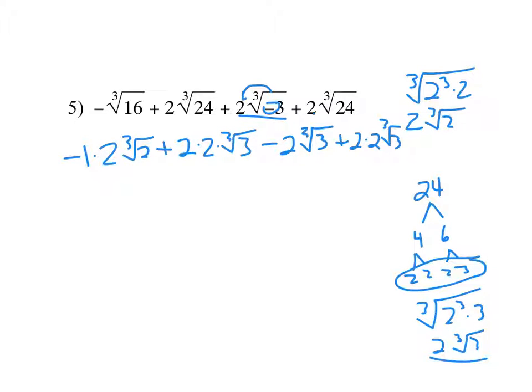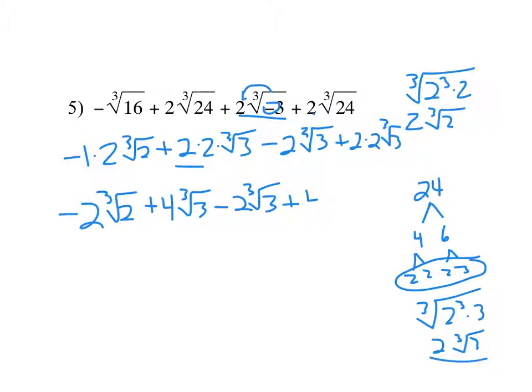Okay, so negative 1 times 2 is negative 2 cube root of 2, plus, this is 4 cube root of 3, minus 2 cube root of 3, plus 4 cube root of 3. Because 2 times 2 is 4.